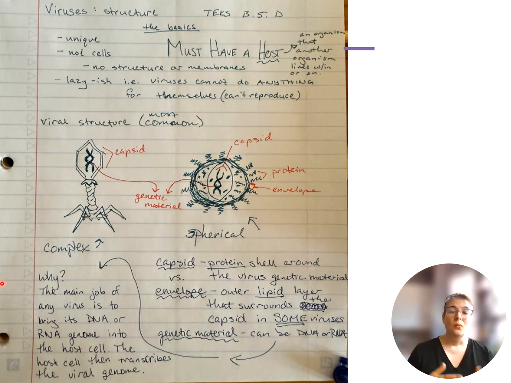So why do we want to focus in on not just the function of a virus, but on the structure? Well, their structure is one way that we identify them in science. We can look at them, and by looking at them, we can determine maybe how they can do their infections. Are they going to attach easily to cells and be a very high viral load in a person?